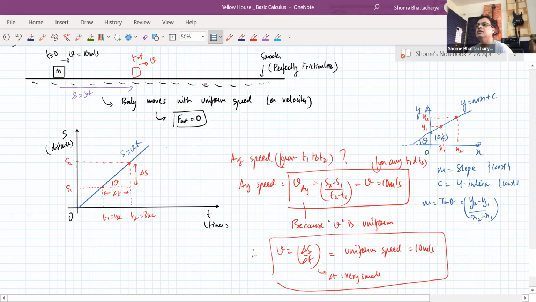So what we are understanding here now is that whenever we have what is basically called uniform motion, uniform motion is motion with uniform speed or with constant speed.